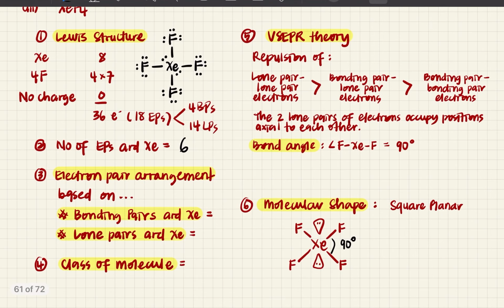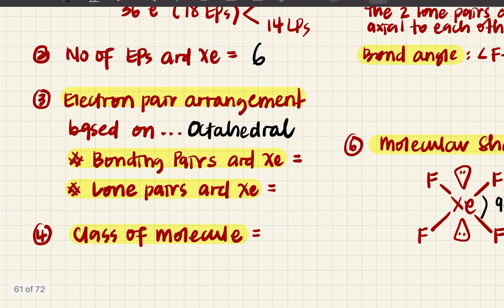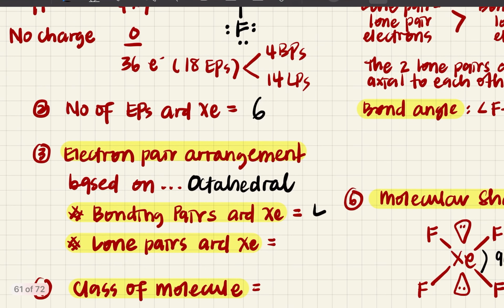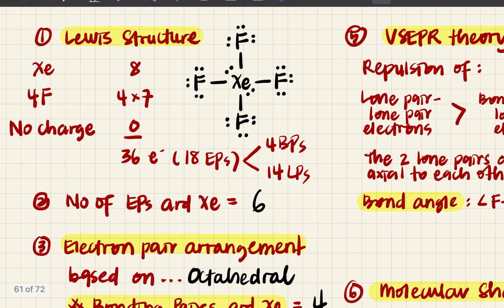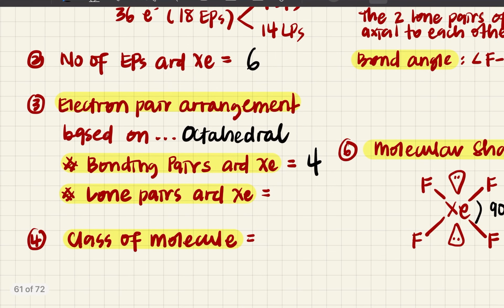So the electron pair arrangement will be based on octahedral shape. The number of bonding pairs around xenon will be 4, and the number of lone pairs will be 2. Write down 2.